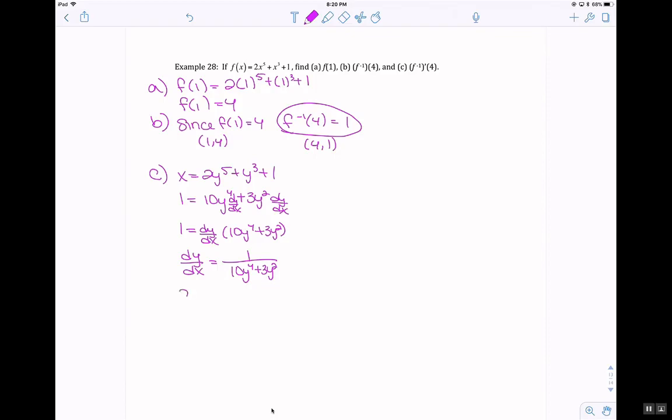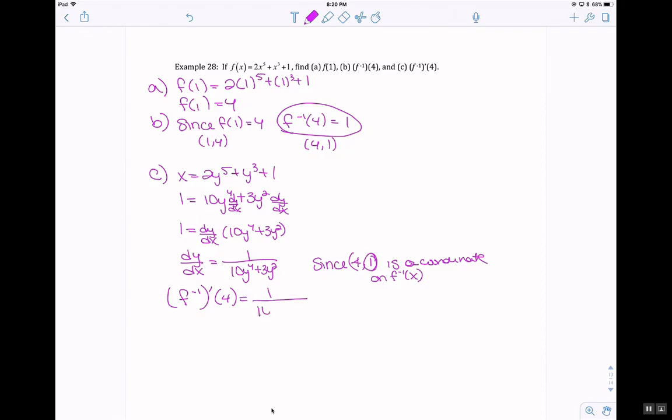I want the derivative of f inverse at 4. Since 4, 1 is a coordinate on f inverse of x, when I want the derivative of f inverse at 4, I'm plugging this y value in.